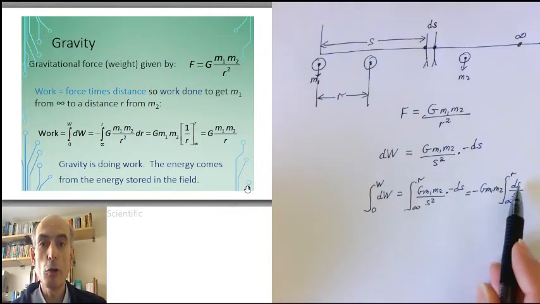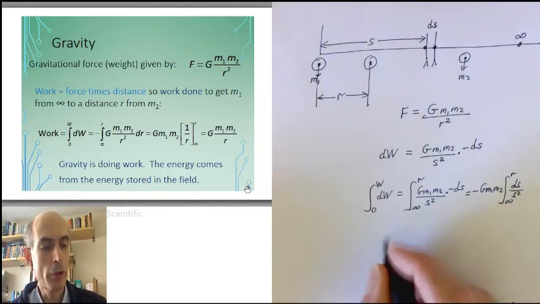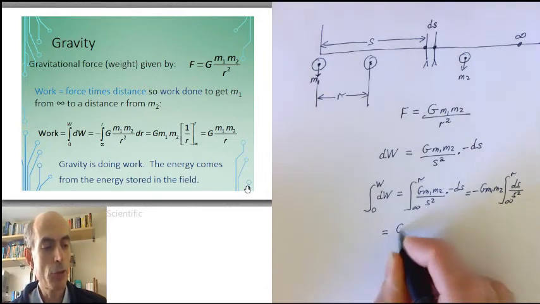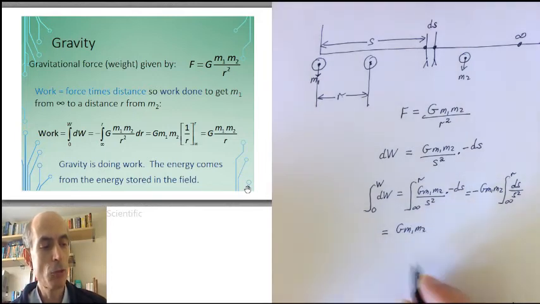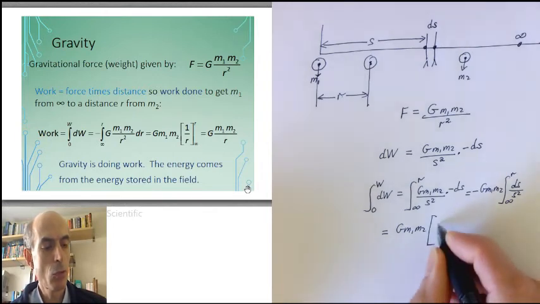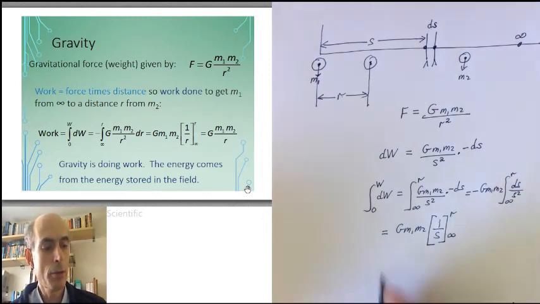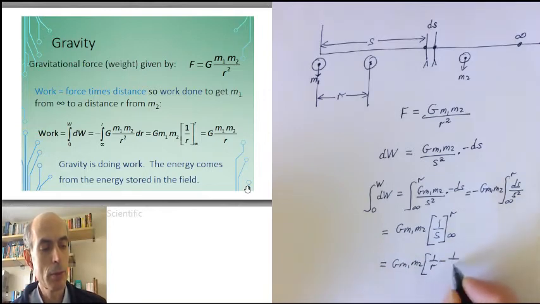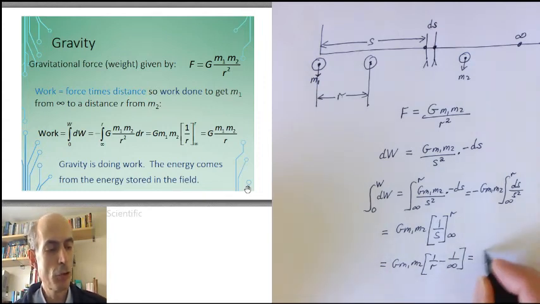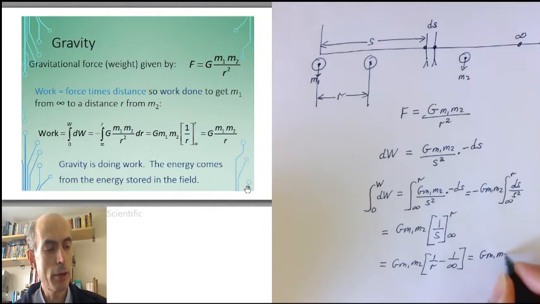The integral of 1 over s squared is minus 1 over s, so that would end up with G m1 m2 times 1 over s from r to infinity, and that is just G m1 m2 times 1 over r minus 1 over infinity. 1 over infinity is 0, so we just end up with G m1 m2 over r.